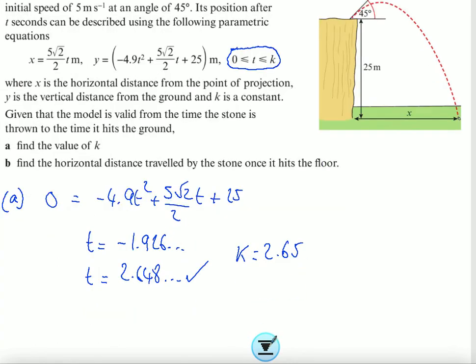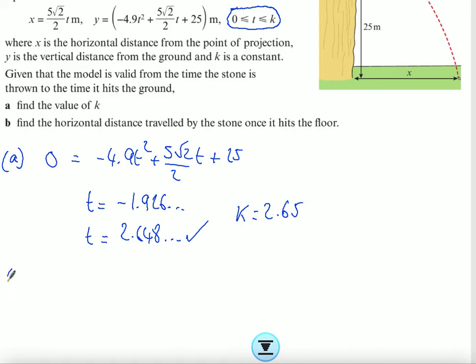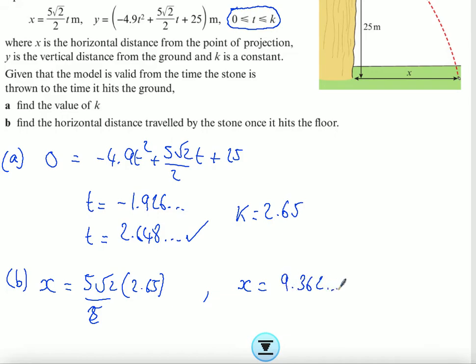Okay, so that's a good start. And then part B, find the horizontal distance travelled by the stone once it hits the floor. So the horizontal distance is x, so x is equal to 5 root 2 over 2, lots of t, and the value of t at the end of its journey is k, and k is 2.65, so therefore x must be 5 root 2 over 2 multiplied by 2.65, which when you type it into your calculator comes out as 9.362, and so on.